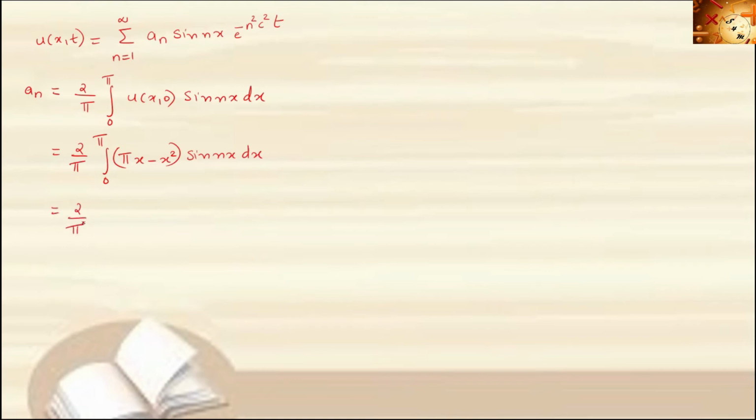So 2 by pi. By Bernoulli's rule of integration, it is taken as this as the first function and this as the second function. So first function into integral of the second, that is minus cos nx divided by n. Then alternate minus, so minus derivative of the first function, that is pi minus 2x into integral of this one, that is minus sin nx divided by n whole divided by again n.